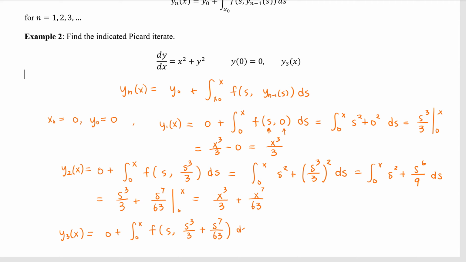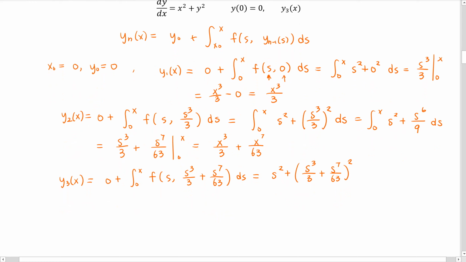You can see that as we go through more and more steps, it becomes more and more complicated. We have s cubed over 3 plus s to the 7 over 63, and this guy is squared. In order to integrate that, we need to FOIL it.